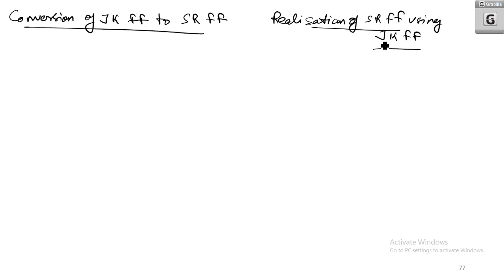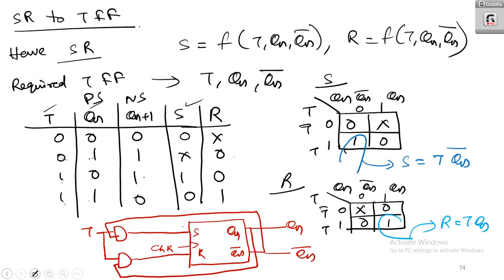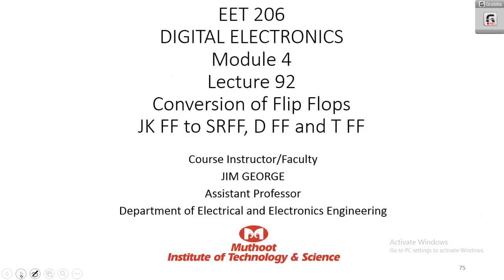So what we have is a JK flip-flop, and what you require is an SR flip-flop. Okay. So in the previous lectures what we have done, what we are having is SR, and what you require is this one, right?